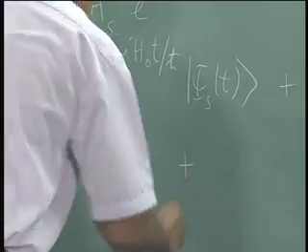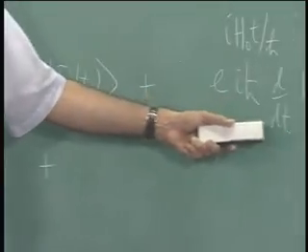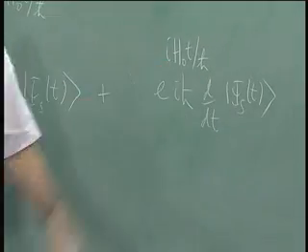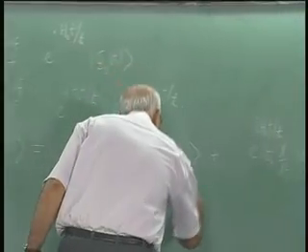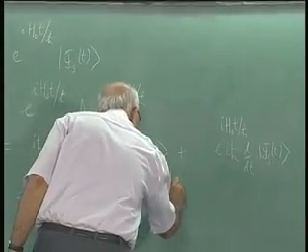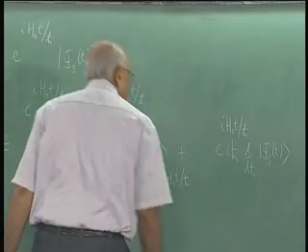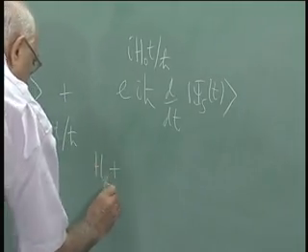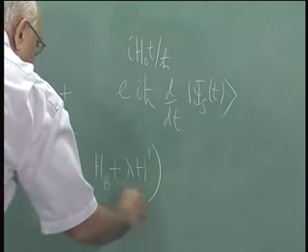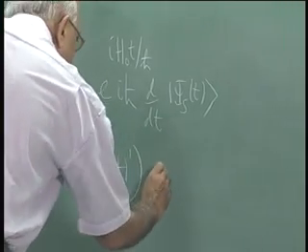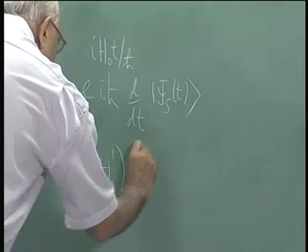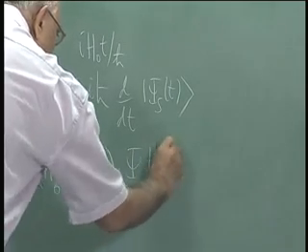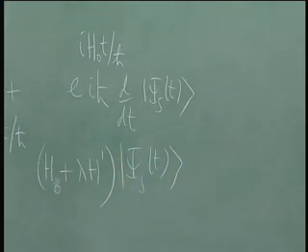plus, and what is this equal to? iħ d/dt ψ_S(t) is e^(iH₀t/ħ) (H₀ + λH′) ψ_S(t) by definition.